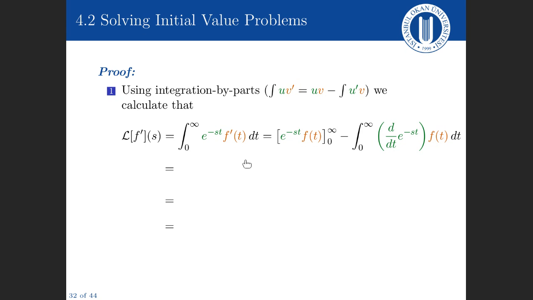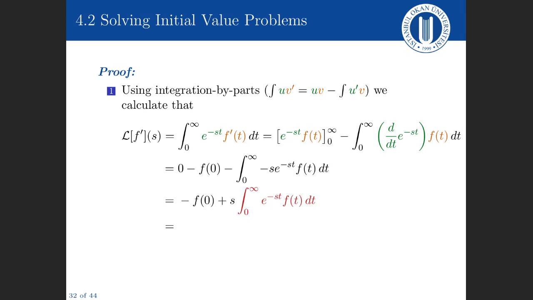Using integration by parts, we can move the derivative from the f onto the exponential function. And then evaluate this to get 0 minus f of 0 minus the integral from 0 to infinity of minus s e to the minus st f of t dt.